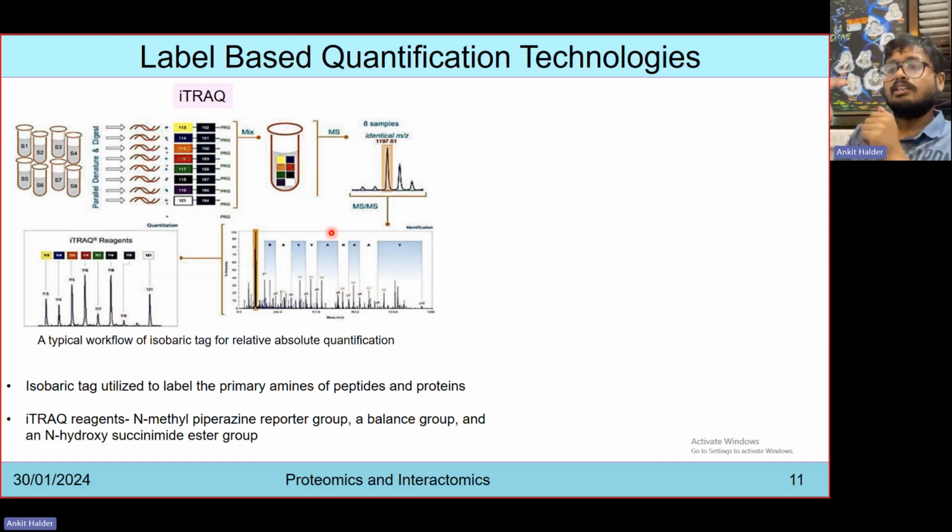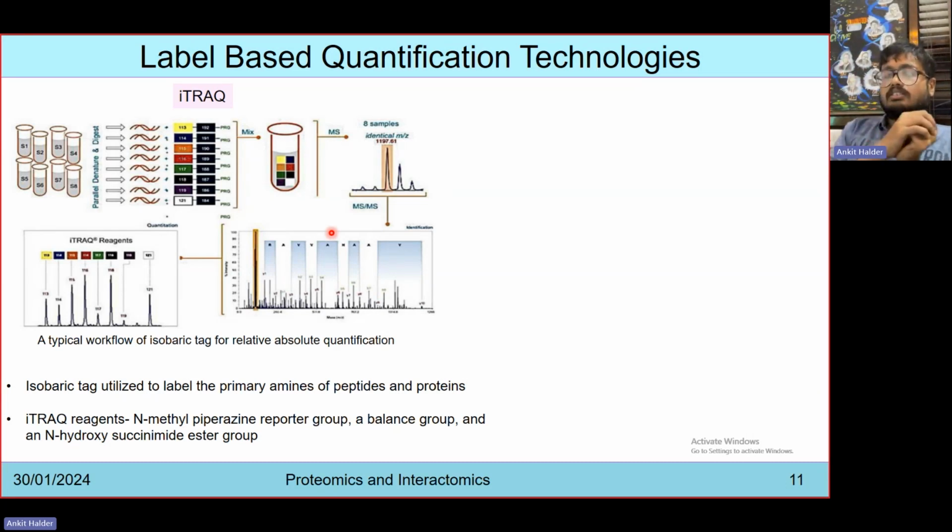All the masses remain the same, so it does not affect the m/z. If you can see, the reagent has one reporter group and one balance group, which balances out and makes all the tags isobaric, so that your sample is not biased by any extra masses or charges that would interfere during mass spectrometry.